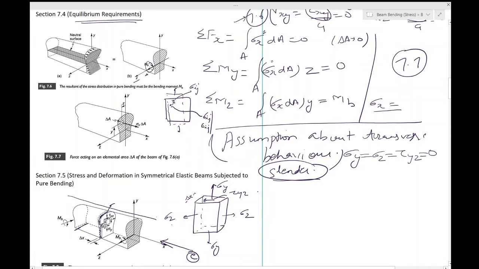So this dimension is negligibly small compared to the length. And the logic is this, that sigma z is equal to 0 over here, sigma z is 0 over here, and because this length is too small, it is very unlikely that it will take up a reasonable value and then come back to 0.